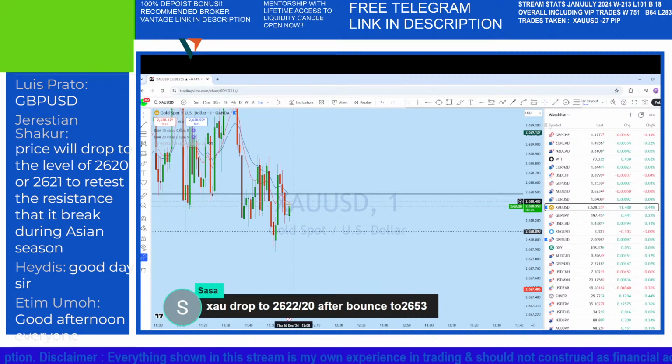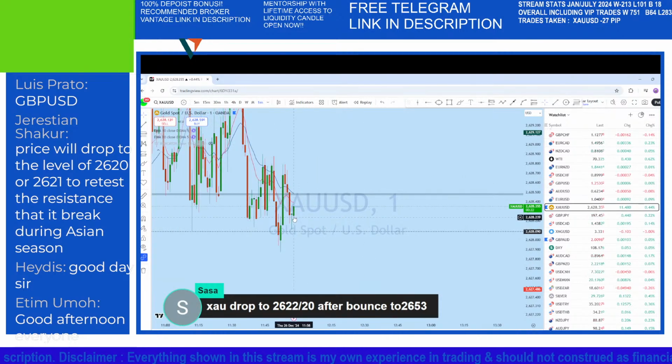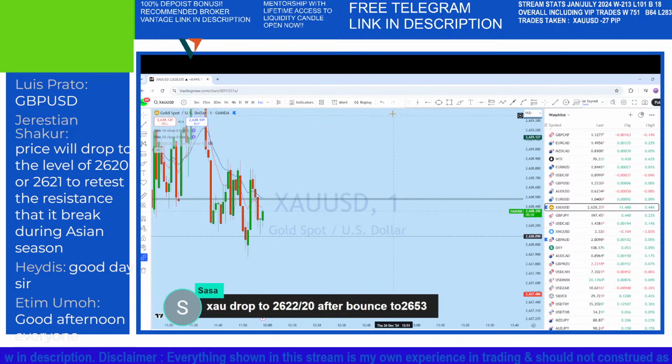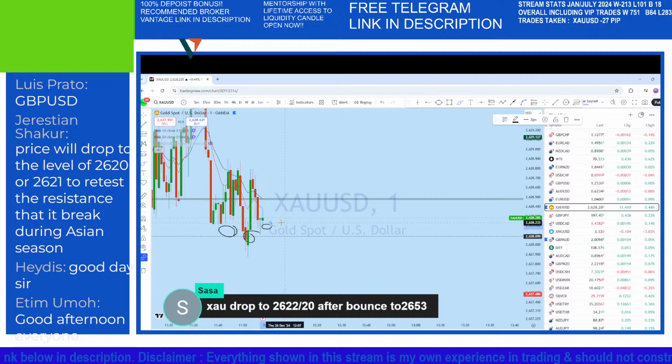Okay, so you can see doji, and then the market slowly, want to see that it's forming this potential inverted, and then moving up.